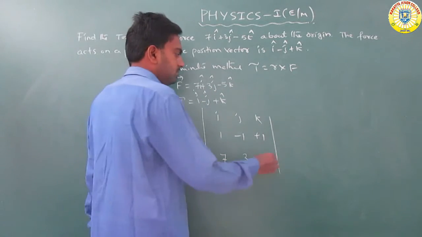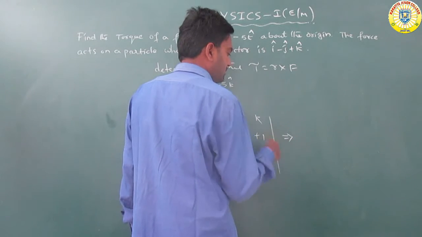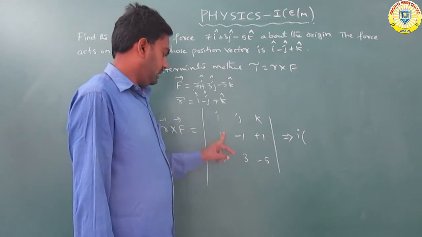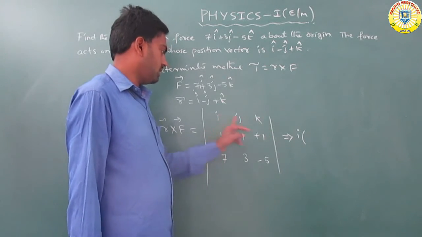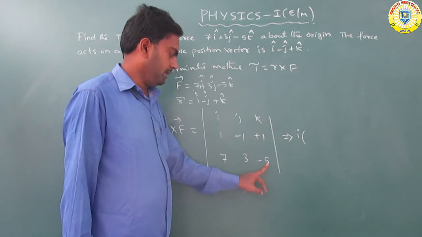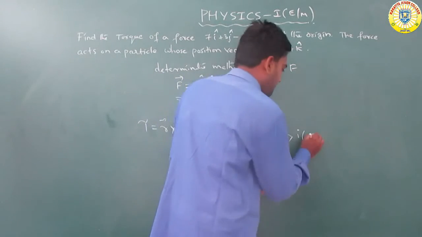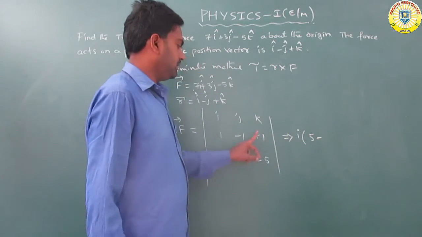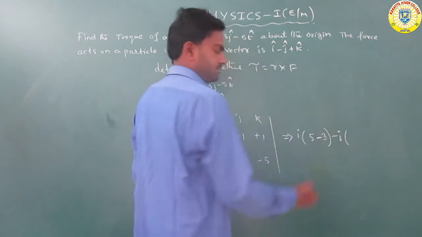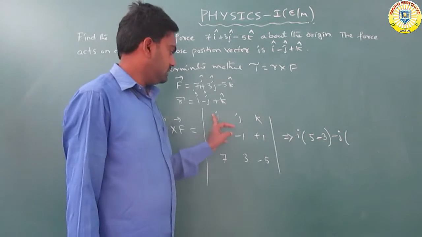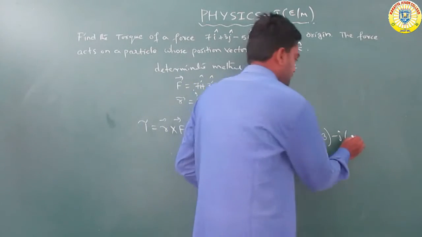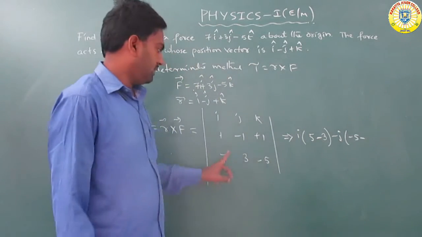By using the determinant method, for i the first row and column are cancelled, so only the remaining four: 1 into minus 5 minus 1 into 3. For j, with a minus sign, the remaining is 1 into minus 5 minus 7 into 1.